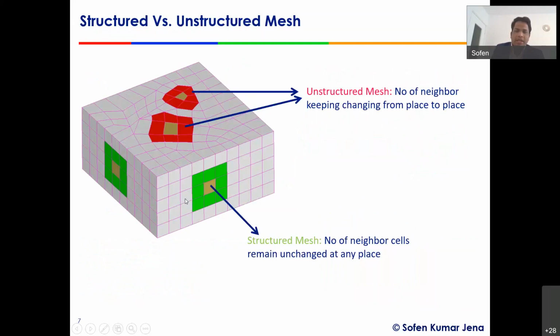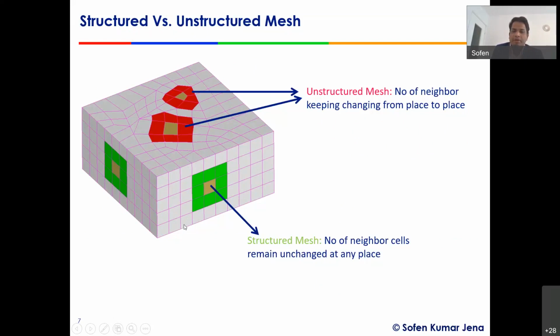So now let's come to what structured versus unstructured mesh is. If the number of neighbors of a cell remains the same throughout the fluid domain, this is called a structured mesh. On this side is my structured mesh, where for any element you consider, the number of neighbors remains the same except at the boundary.